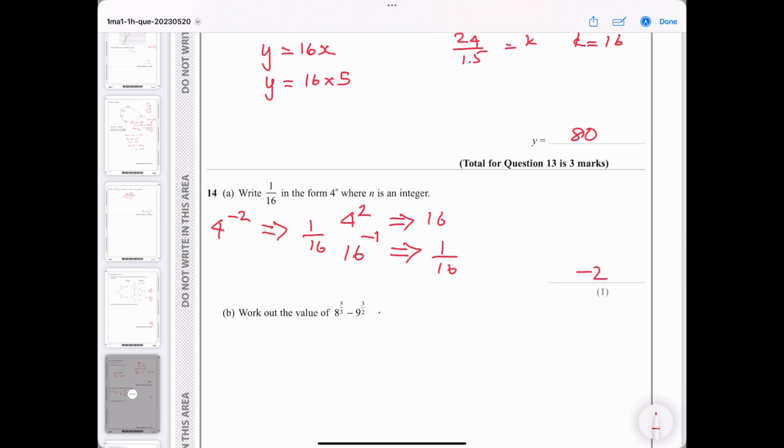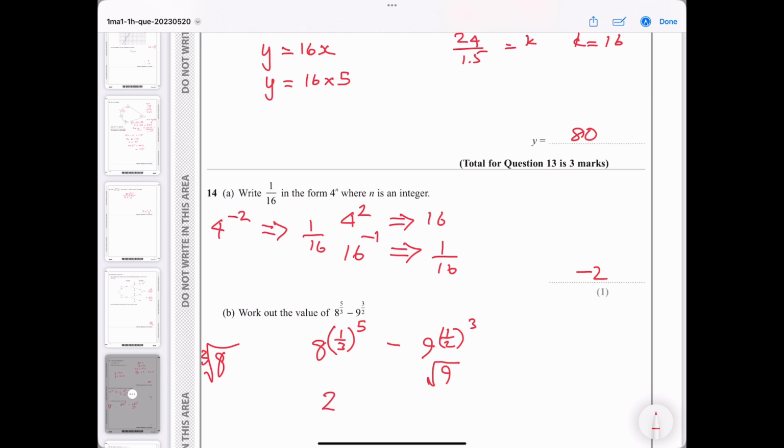Work out the value of this: 8 to the 5 over 3 minus 9 to the 3 over 2. The way I'm going to reconstruct this is 8 to the one third, to the 5, minus 9 to the half, to the 3. What this basically means is 8 cube rooted to the 5 and 9 square rooted to the 3. 8 cube rooted is what goes into 8 three times, so it's 2 times 2 times 2.